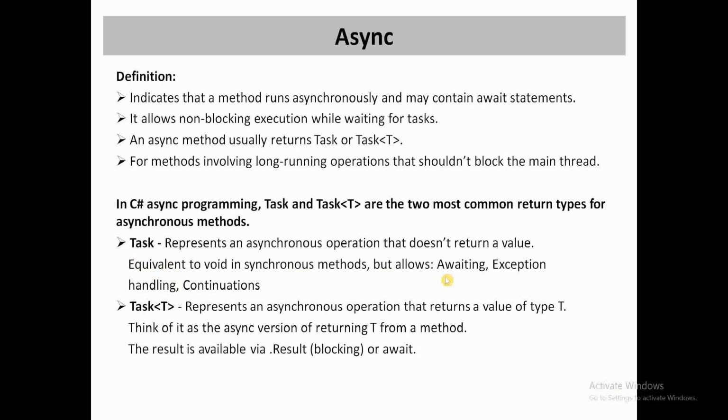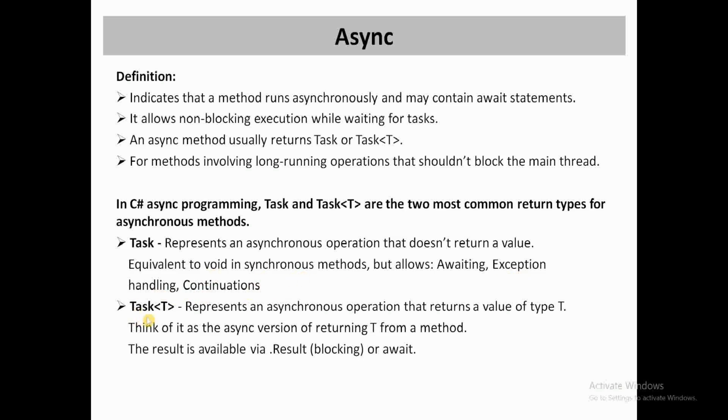But it allows awaiting, exception handling and continuations. And if we want to await a particular result from the database, we can use the await keyword inside that asynchronous method. It also handles exceptions and continuation of the tasks.